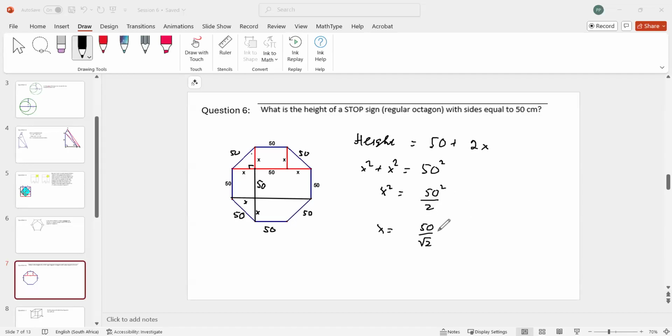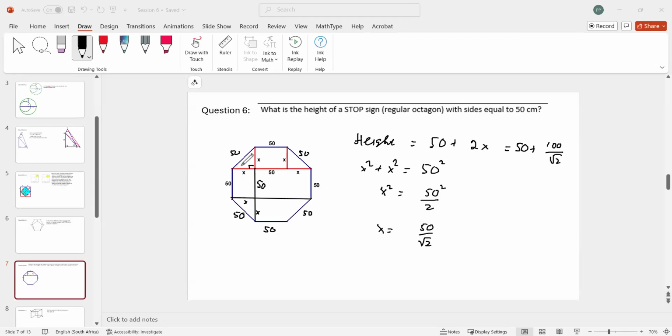So this x will be 50 over the square root of 2, and therefore your height is equal to 50 plus 2 times x, which is 50 plus 100 over square root of 2. So that is your height. It can be simplified a little bit further, but that answer will also be accepted.